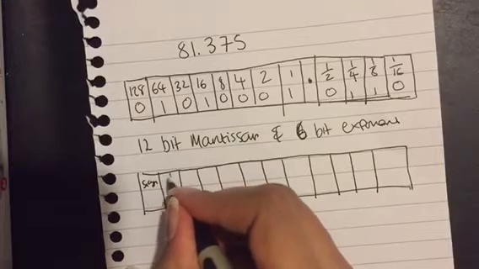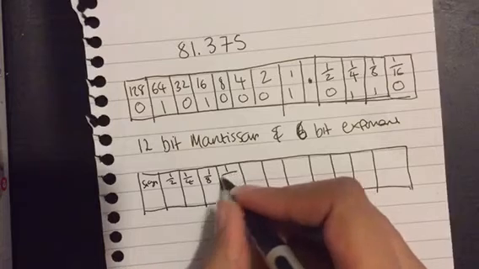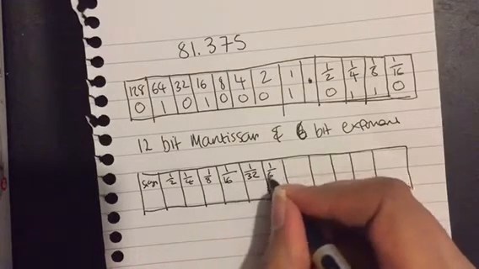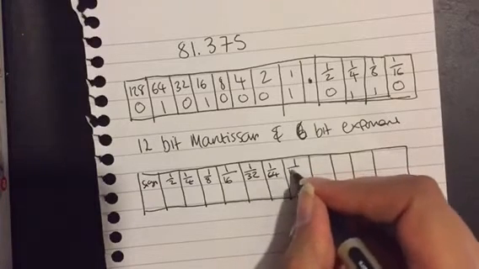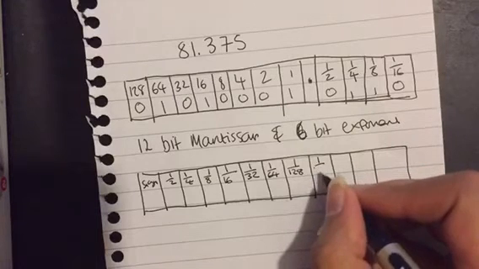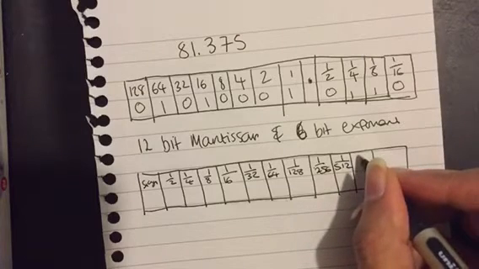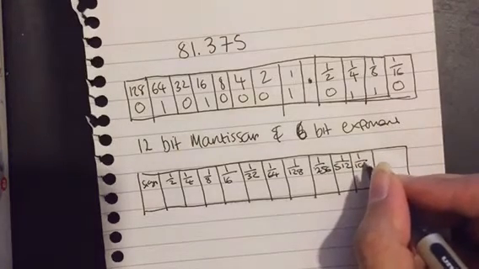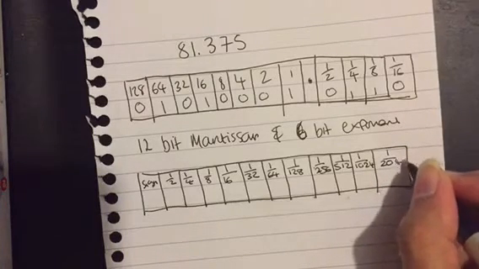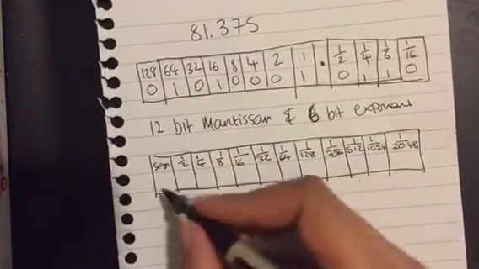I've got my sign, I've got a half, a quarter, an eighth, 16th, 1 over 32, 1 over 64, 1 over 128, 1 over 256, 1 over 512, 1 over 1024, 1 over 2048. Okay, so first of all, we're going to simply transfer this number over.